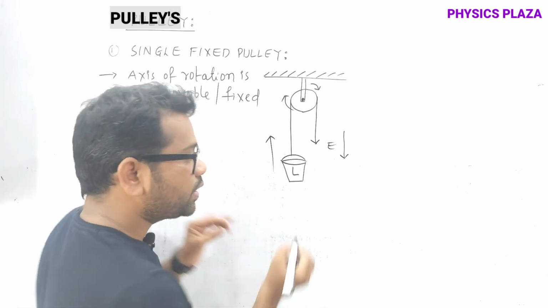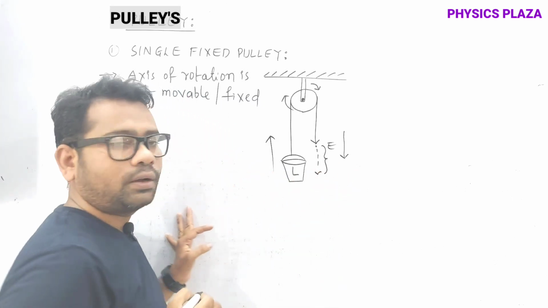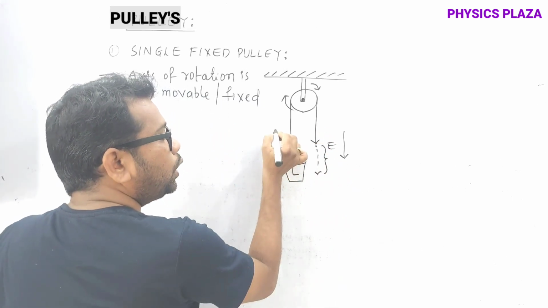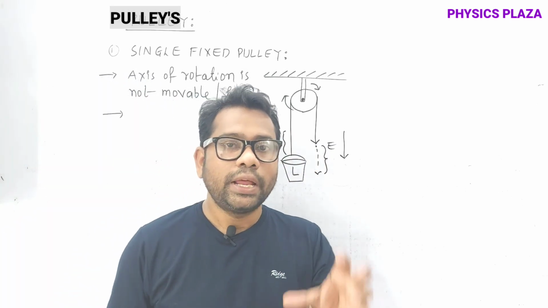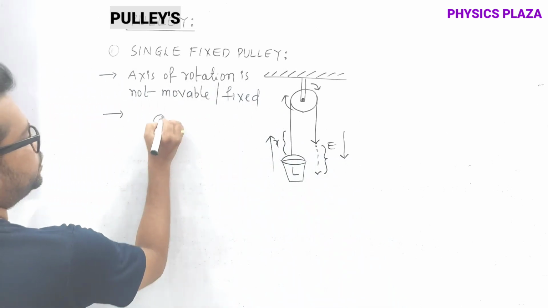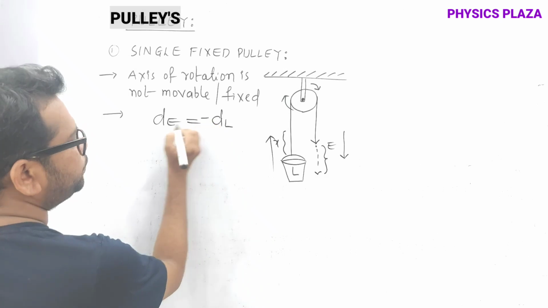And if the effort moves by x displacement, here the load also will have x displacement only, which means the effort displacement is equal to the load displacement. So I can write like this: effort displacement is equal to load displacement, but with a minus sign.